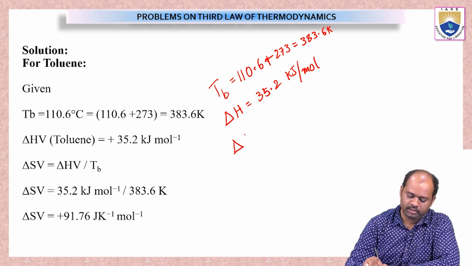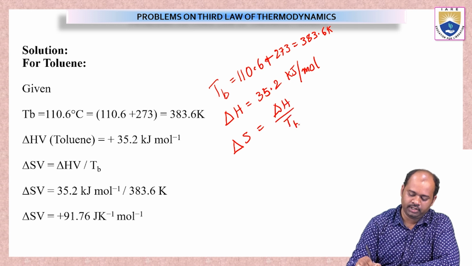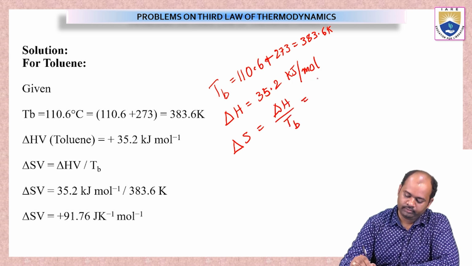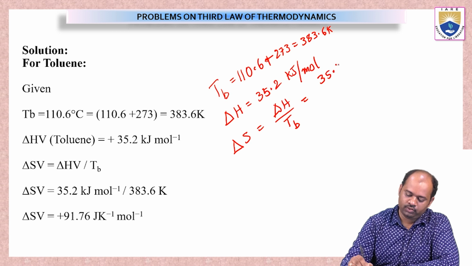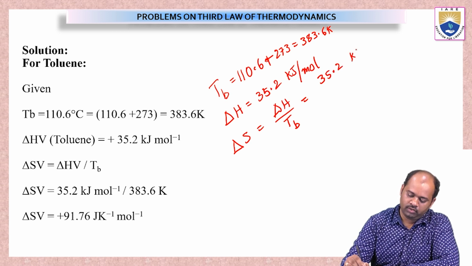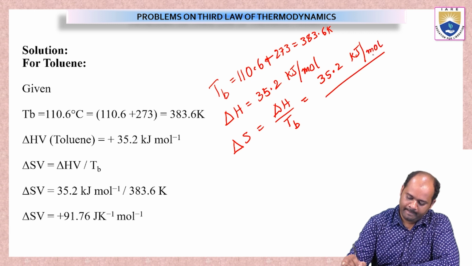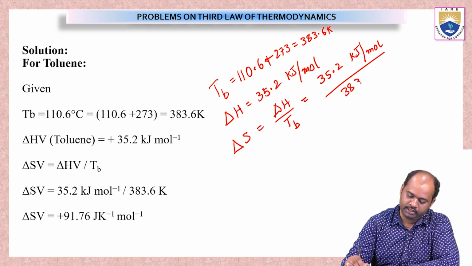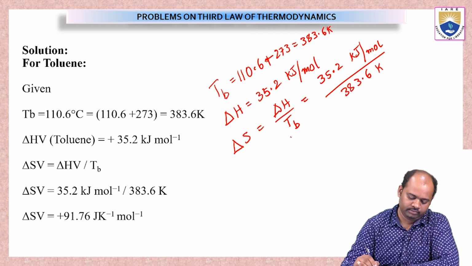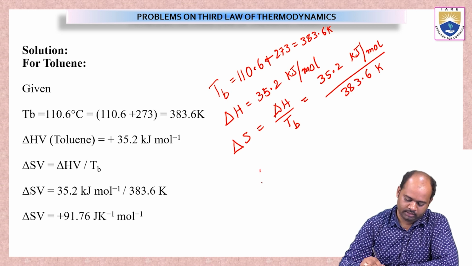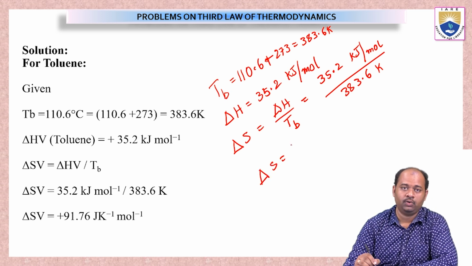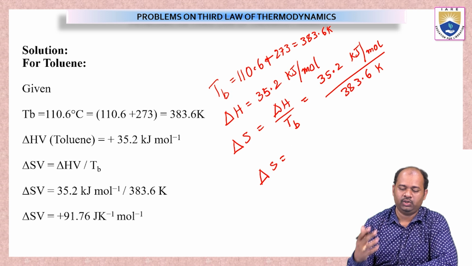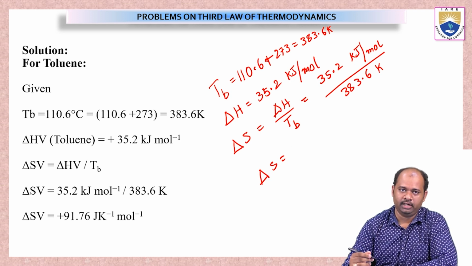Now I have to calculate the change in entropy. That is delta H divided by TB. So this is equal to 35.2 kilojoules per mole, and the temperature is 383.6 Kelvin. So finally what we get is delta S, the change in entropy of the system which contains toluene when it is boiled.